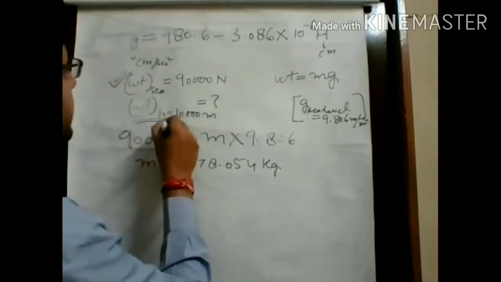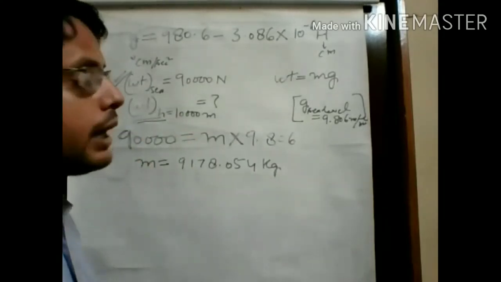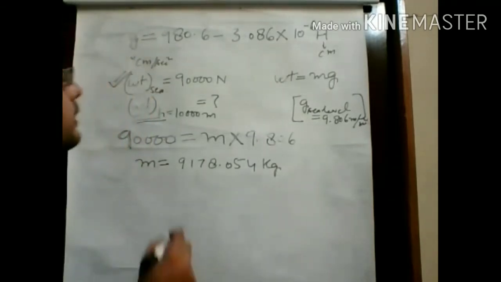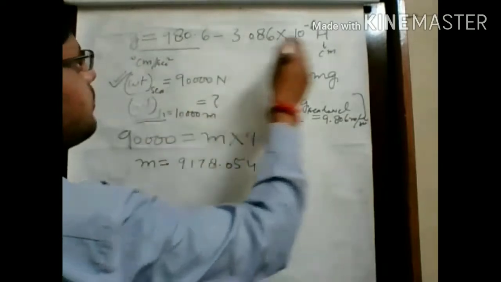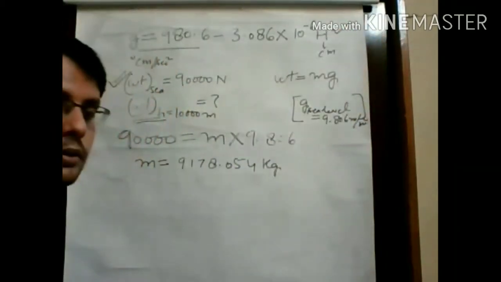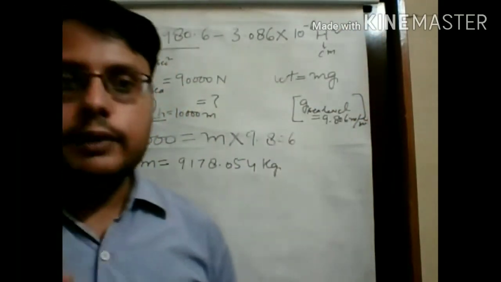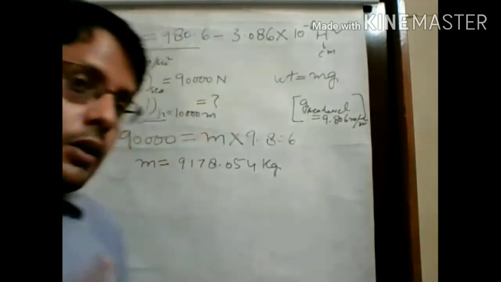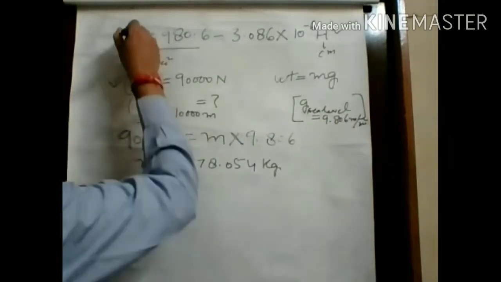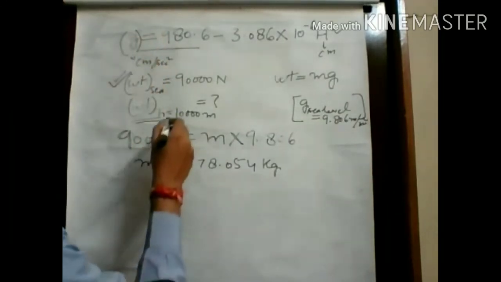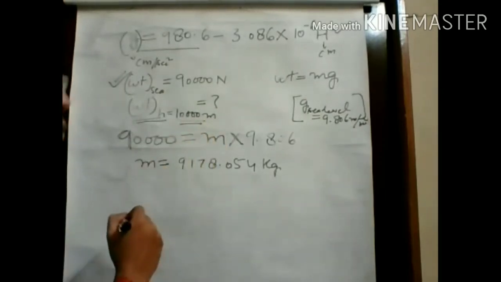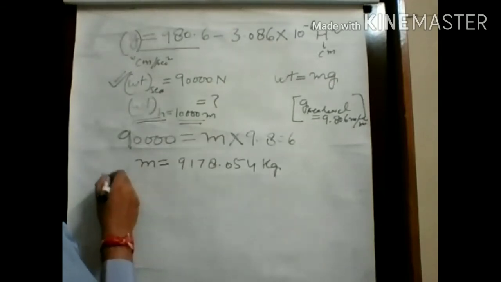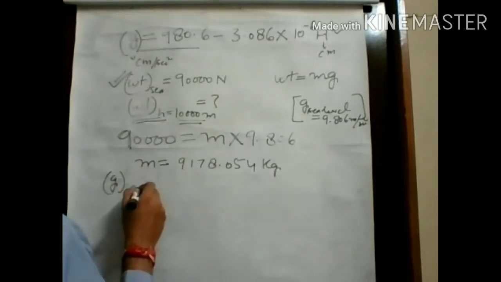Now we move towards calculating the weight of that plane at a height of 10,000 meter. Since in the problem it is given that g varies with height, that means acceleration due to gravity, small g, is a function of elevation height, so we have to calculate the value of this small g at a height of 10,000 meter.